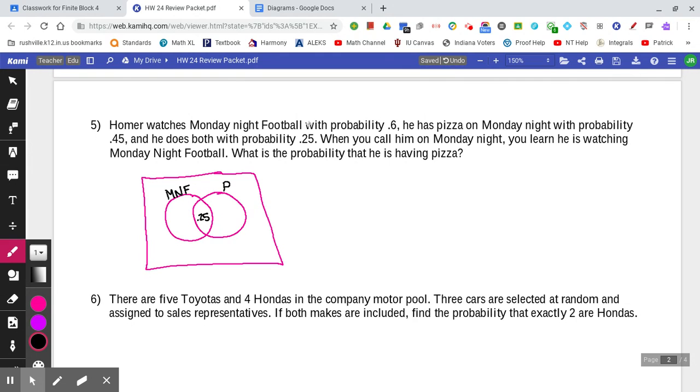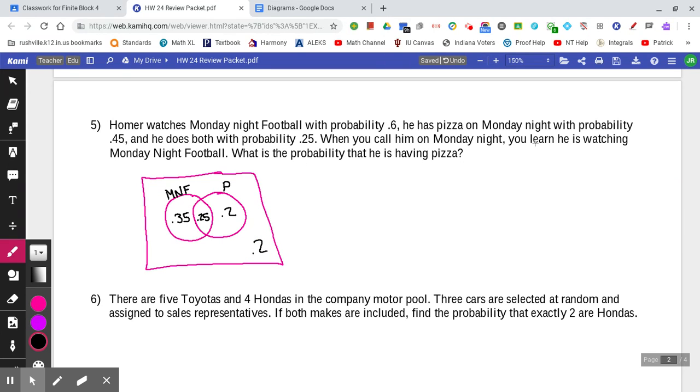So if he watches Monday Night Football with a probability of 0.6, that's 0.6 minus 0.25, which gives us 0.35. And then eating pizza, the probability is 0.45, so that's minus the 0.25, which gives us 0.2. And then all of this needs to add to 1, so outside would give us 0.2.